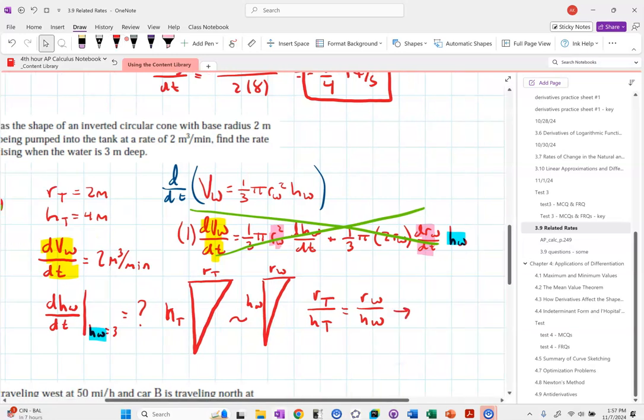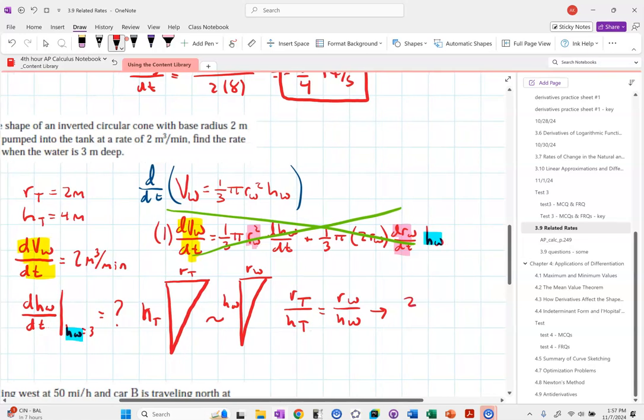And I know that RT is 2, and I know HT is 4. So if I cross multiply, I can say 4RW is equal to 2HW, or that RW is equal to HW over 2.